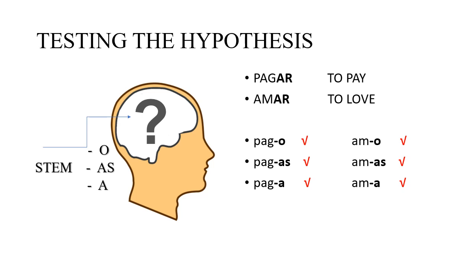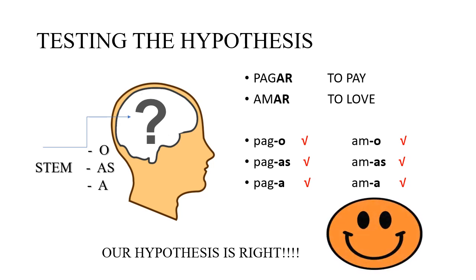We said that the stem is going to be the form without the infinitive ending, which is ar, and we add o, as, a. So we get pago, pagas, paga, amo, amas, ama. So in this case, we are happy because our hypothesis seems to work. Now, of course, the more data you analyze, the better. So we will move on and try to analyze or test more data.